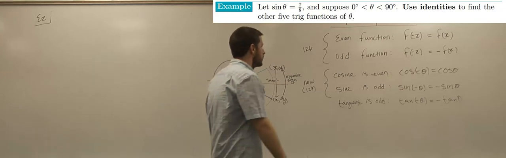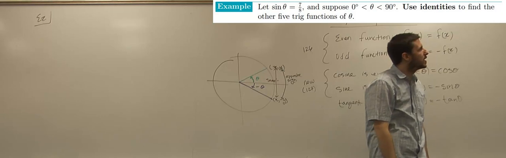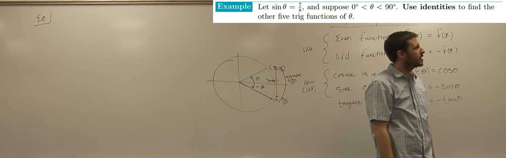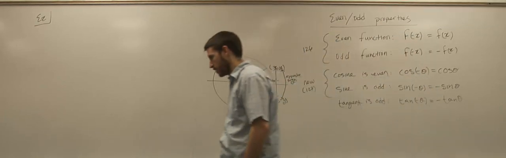I want to look at some problems that will help you understand these identities and these properties. The first one I gave you here: let sine theta equal 7/8 and suppose that theta is between 0 and 90 degrees. Use identities to find the other 5 trig functions.